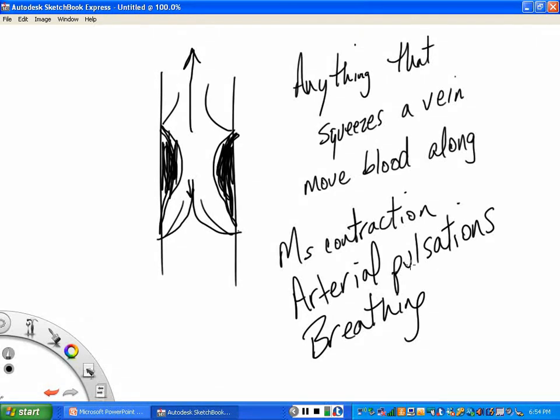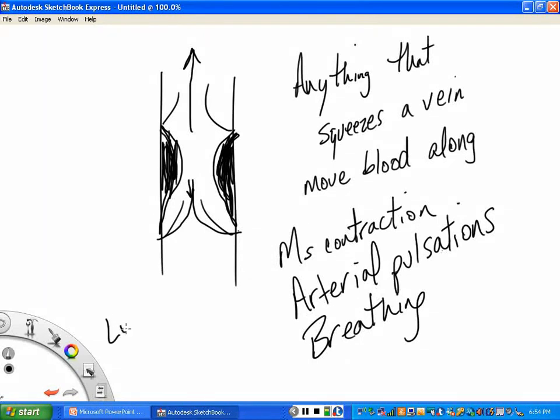Whatever veins are in there get squeezed, whatever lymphatics are in there get squeezed. So breathing creates pressure on vessels that squeezes them. Those are the major ones: muscle contractions from movement, arterial pulsations, and breathing.